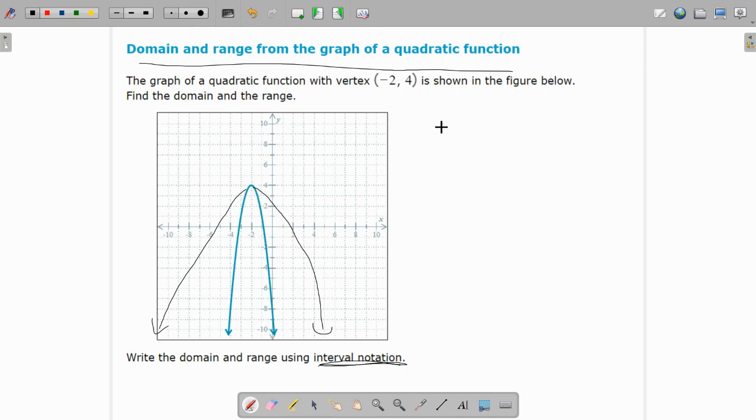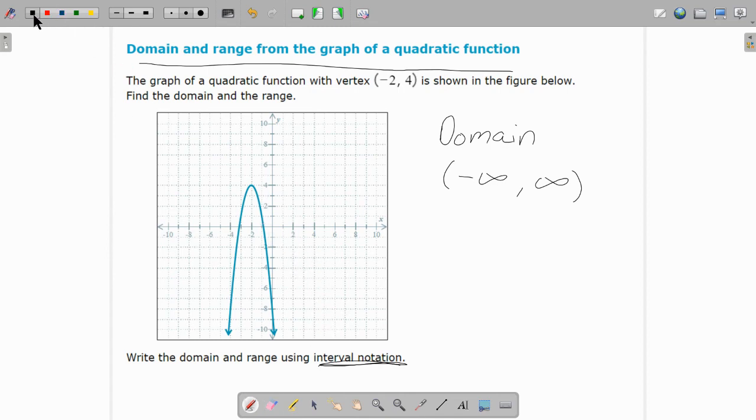For all these quadratics, the domain will be from -infinity to infinity, because when you have a quadratic, you're allowed to plug in any x value. You can see the graph goes down and out forever. Let me get rid of that so I don't throw people off.